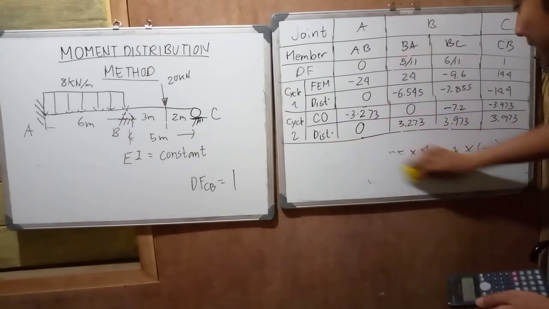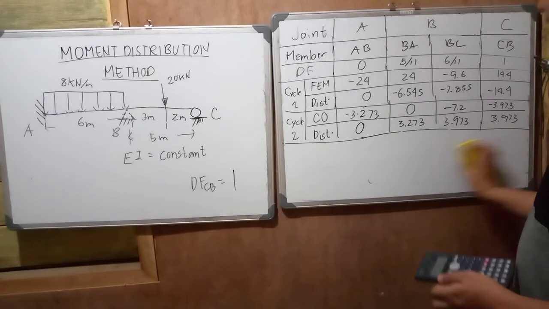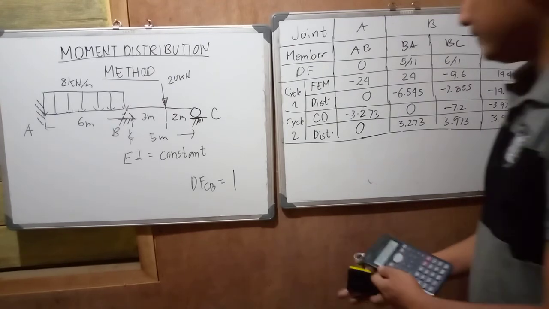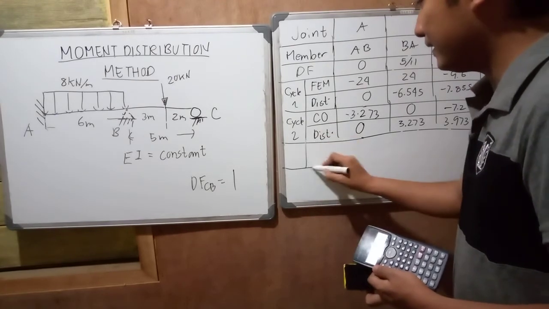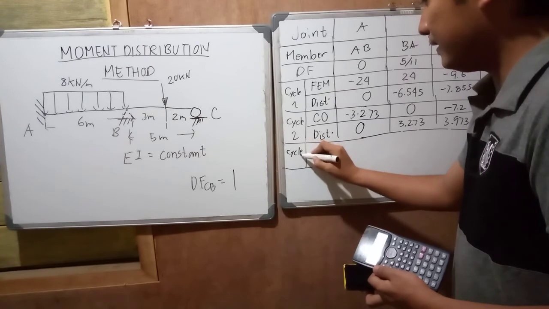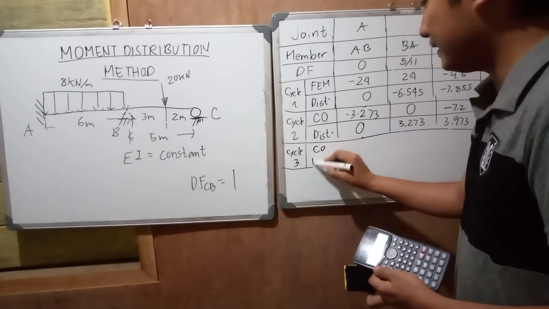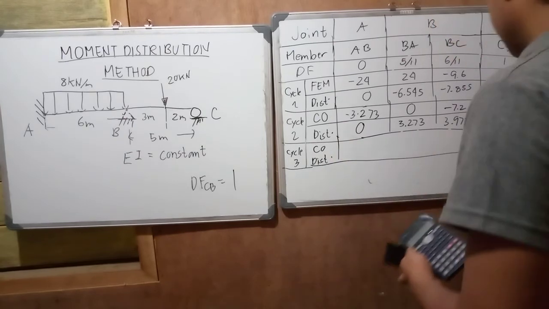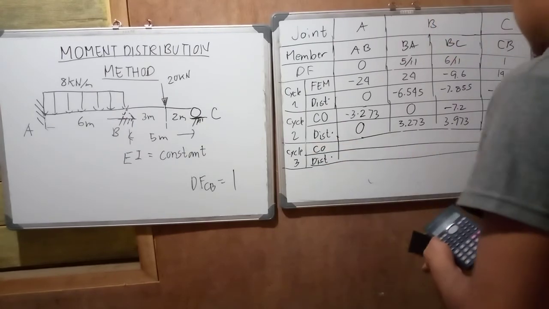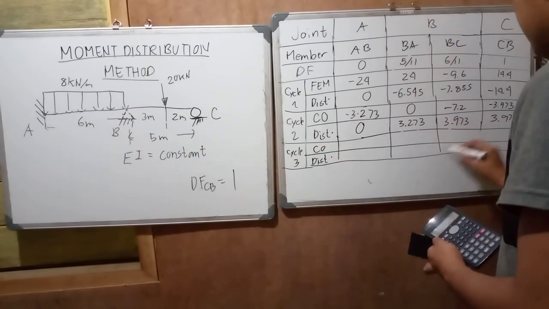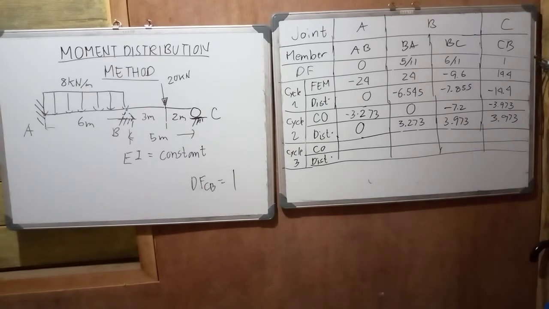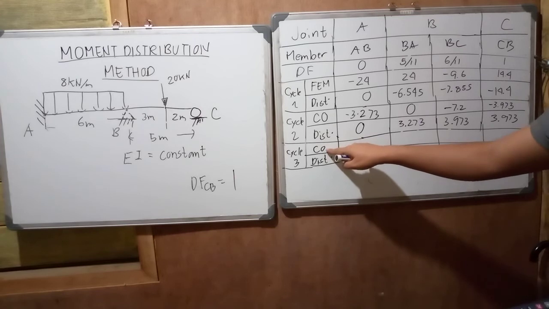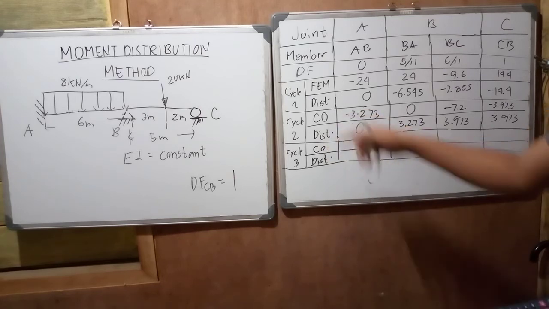Okay? So, cycle 3 tayo. So, sa cycle 3, ulitin natin. Cycle 3 is CO pa rin at saka si distribution. Okay? Kita natin. Yan. So, ganun pa rin. So, we all know that the carryover moment is equivalent to distribution nung kabaliktaran niya.